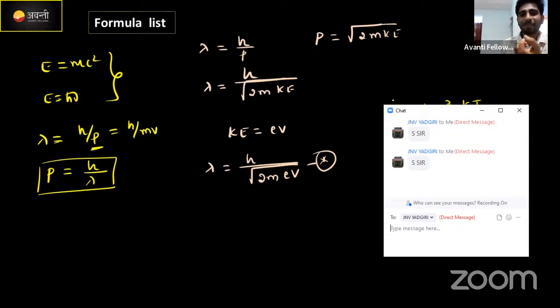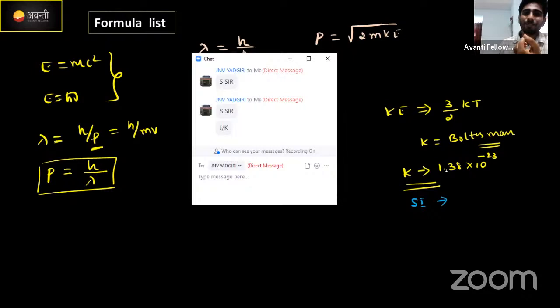Here actually why I'm asking, I wrote the value correct, 1.38 into 10 to the power of minus 23. I need to write the SI unit also. Some constant होता है ना, how you people think, constant means उसको SI unit नहीं होता है. That is the first thought. But in physics, few constants are there, those constants having SI unit also along with the dimensional formula also. You need to list out those things.